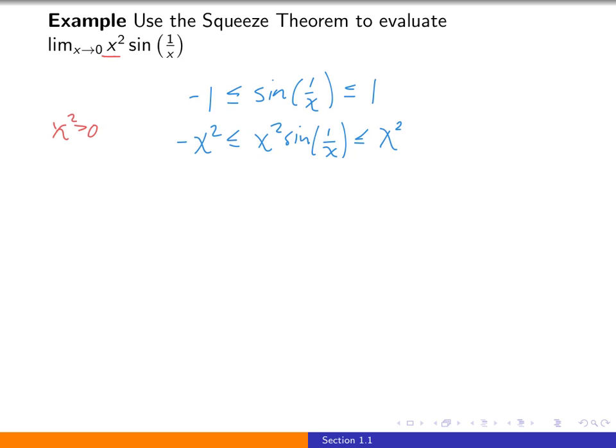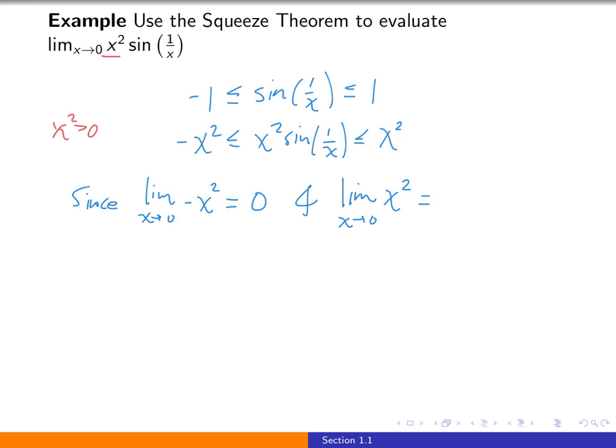And now we are in an ideal situation to apply the squeeze theorem. So since the limit as x approaches 0 of minus x squared, that is a polynomial function, we can use the substitution property to evaluate the limit and get back 0. And the limit as x approaches 0 of x squared is also the limit of a polynomial function.